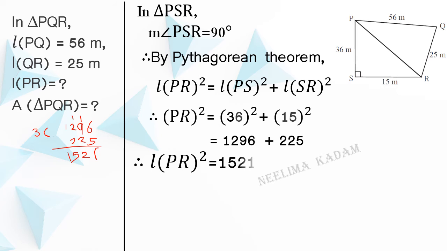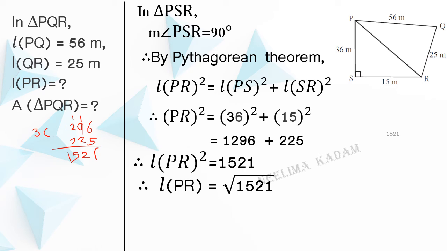So length PR square is equal to 1521. Now taking square root of both the sides, length PR equal to square root 1521. Now we want to find the square root of this number.